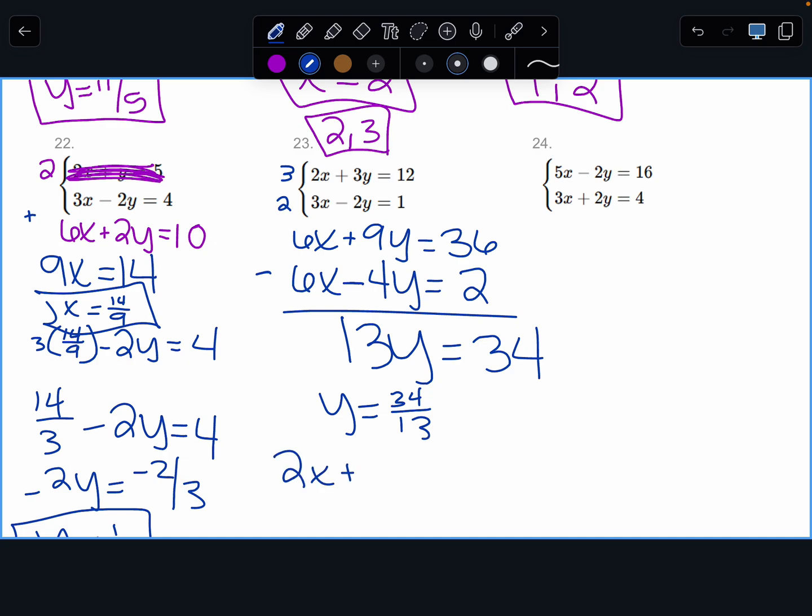2x plus 3 times 34 over 13 gives us 102 over 13. 34 minus that.